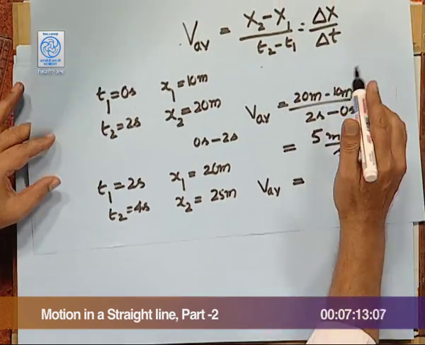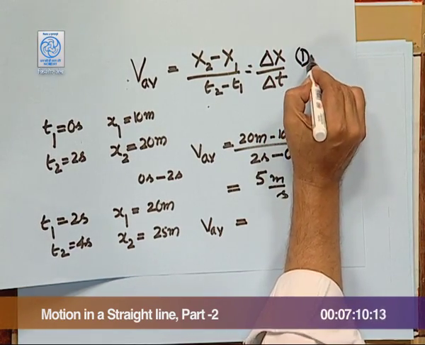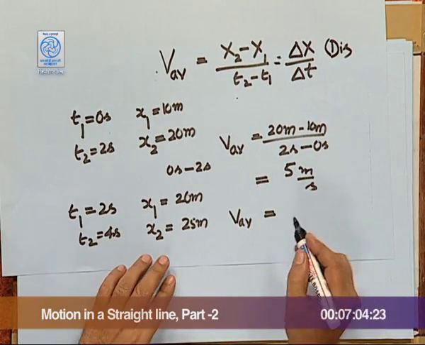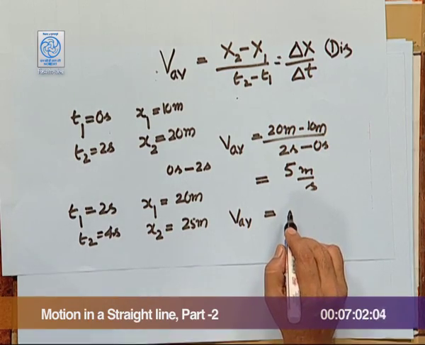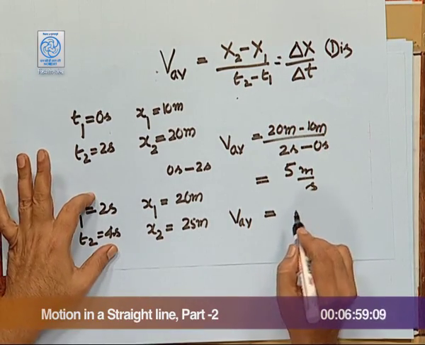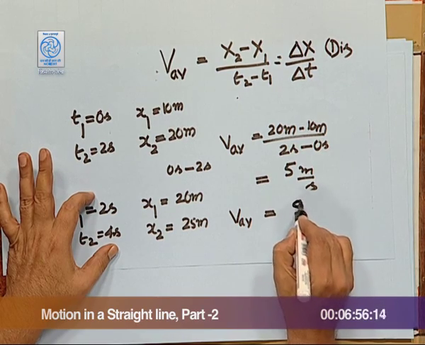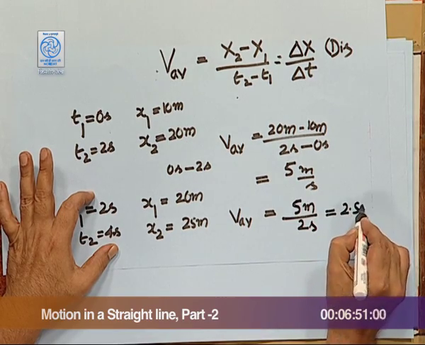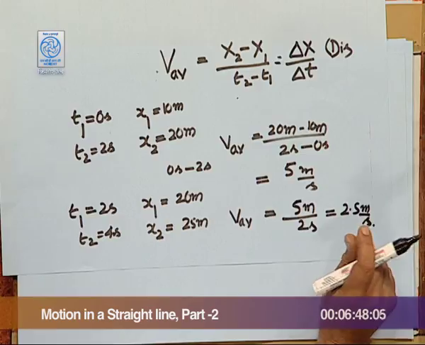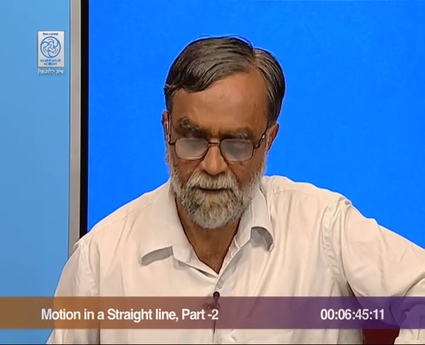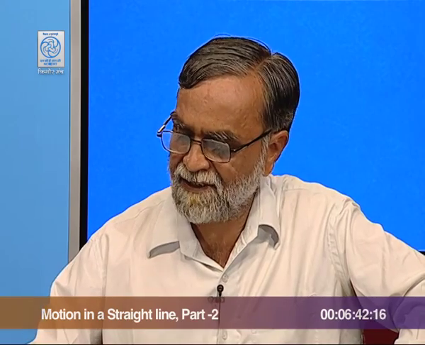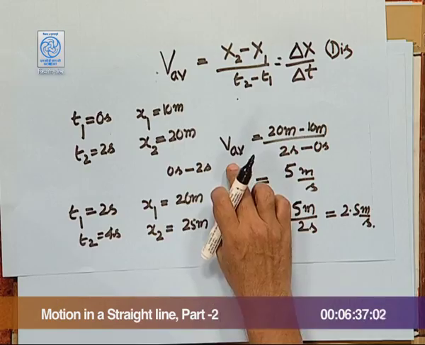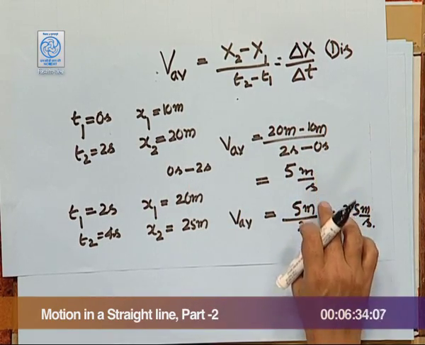This delta x is called the displacement in the interval 2 seconds to 4 seconds. So, the change in displacement per unit time here is 5 meters per 2 seconds, which is 2.5 meters per second. Change in position coordinate, we are calling displacement. So, V average in this case is 2.5 meters per second, whereas in the earlier interval between 0 and 2 seconds, it was 5 meters per second.